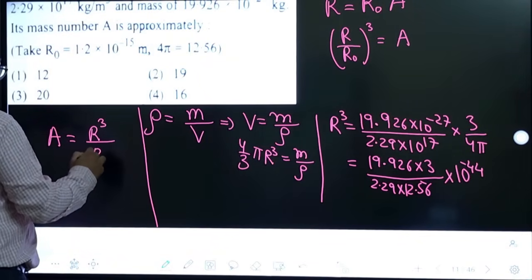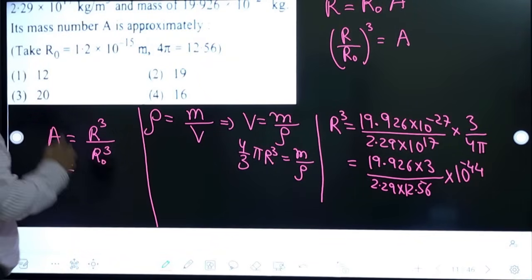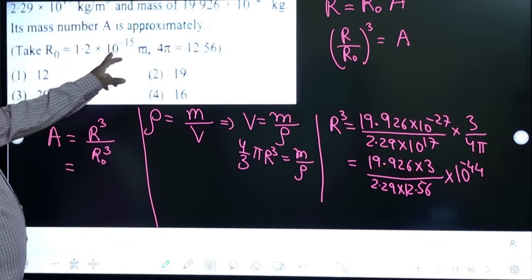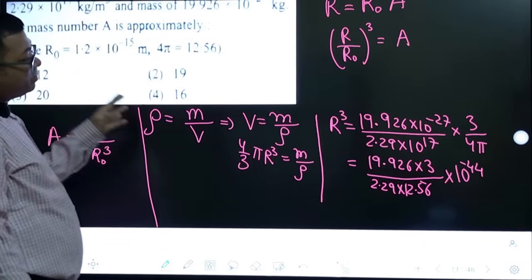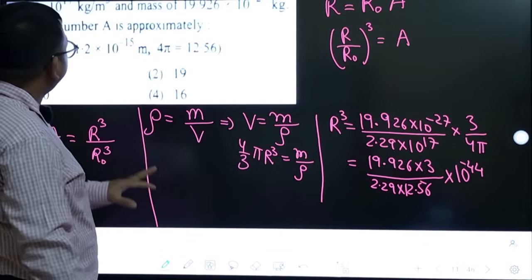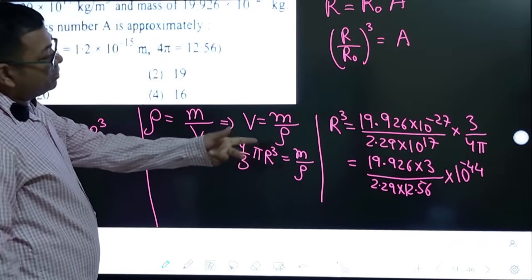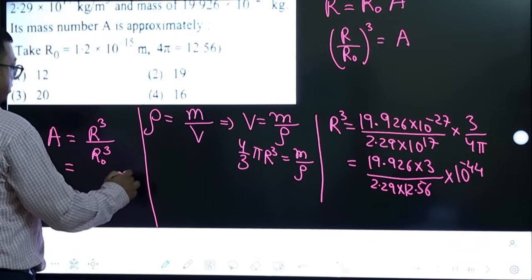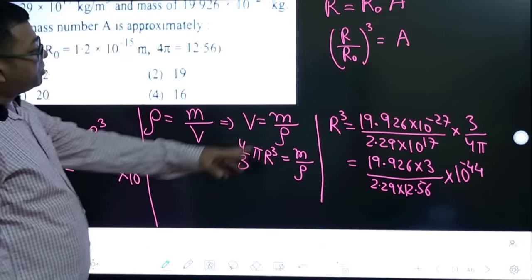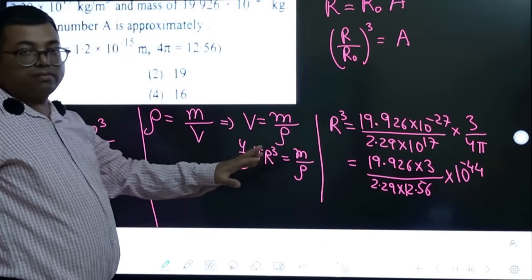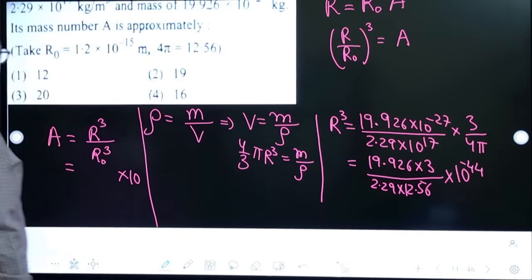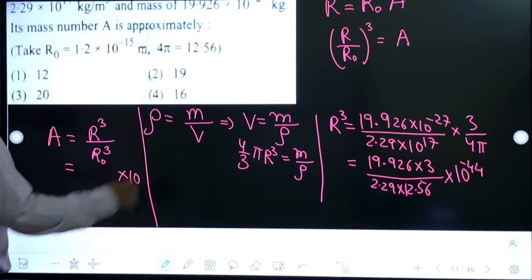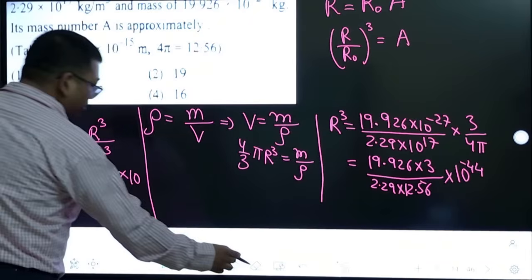So if r cube we have already got, r naught cube will be how much? 10 to the power minus 45 will definitely be there. So if you divide that, 10 to the power minus 44 by 10 to the power minus 45, an extra 10 factor is going to come in the numerator, correct? And what else will be coming?